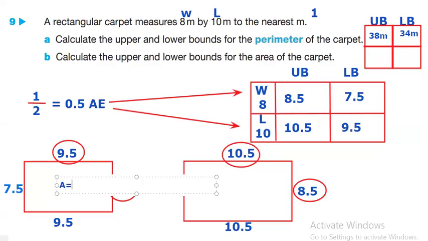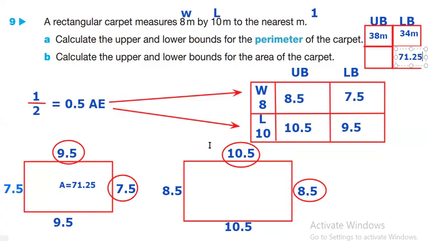So area equals 71.25. And this is the lower bound area. Of course, meter squared, okay? It's just I don't have space for this here. I'll write it here, meters power of 2, so you don't get confused between the questions.